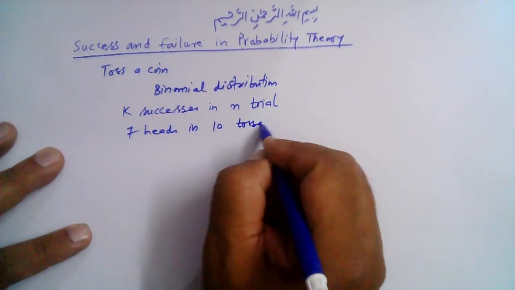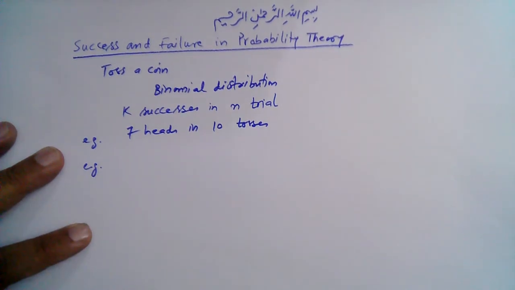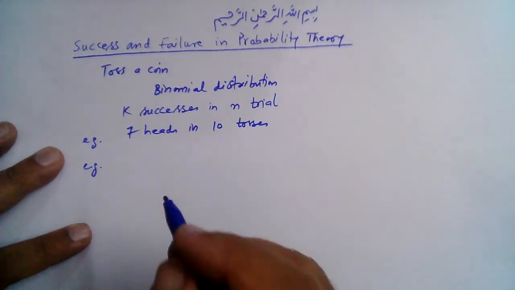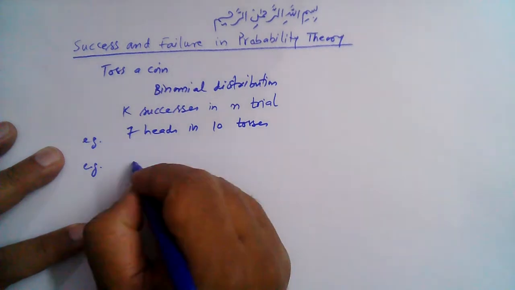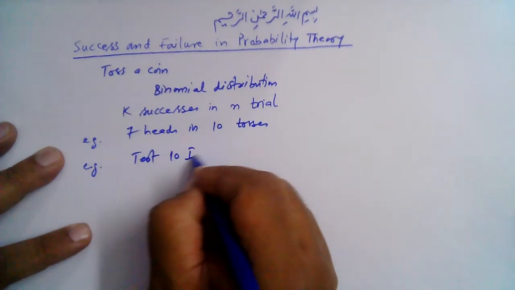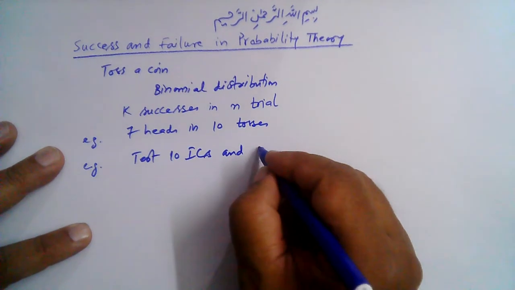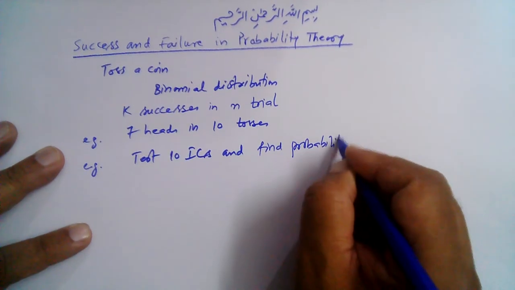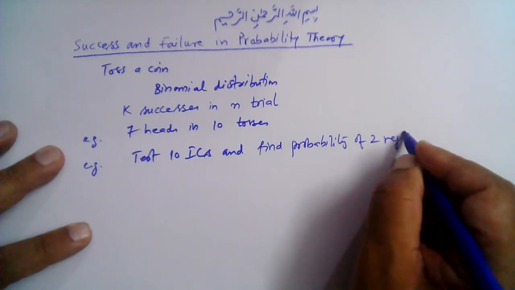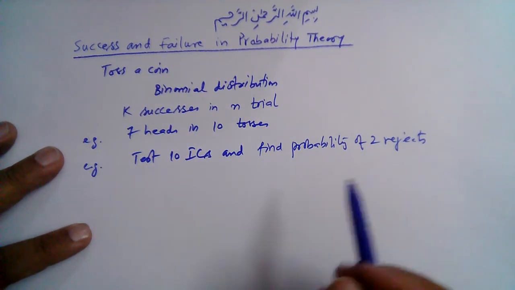This is one example. Another example, for example, we are testing 10 integrated circuits and we're looking for 2 rejects in these 10 tests. Test 10 ICs, integrated circuits, and find the probability of 2 rejects. So now rejection is conventionally treated as a failure, right?